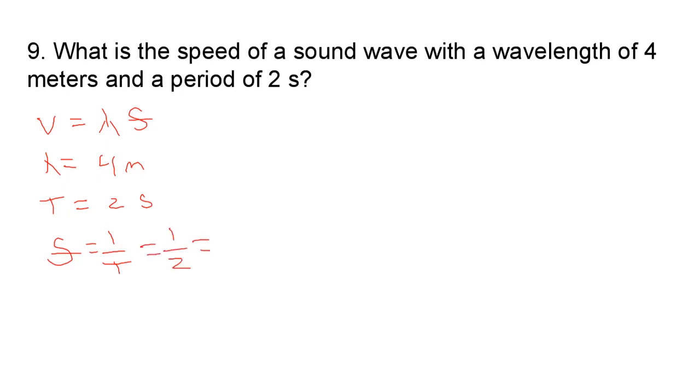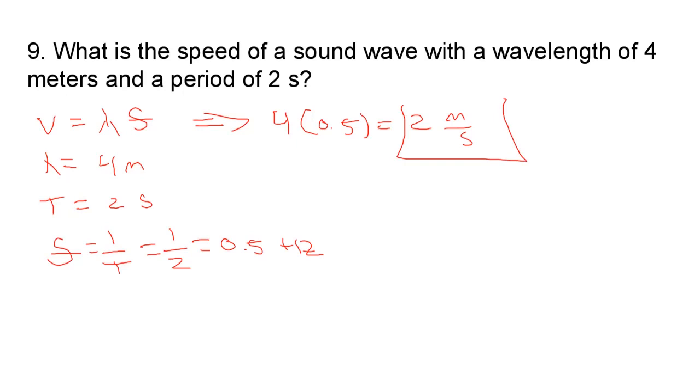Well, 1 over 2 is 0.5 hertz. Alright, so we have the wavelength of 4 meters and a period of 2 seconds. That means the wave speed is given by 4 times 0.5, which is 2 meters per second.